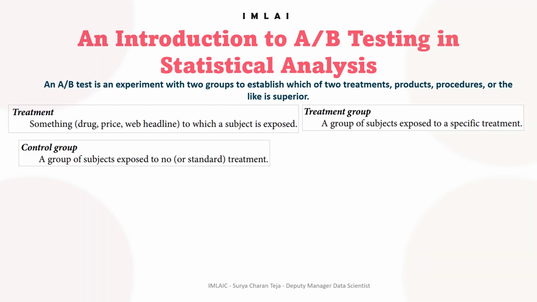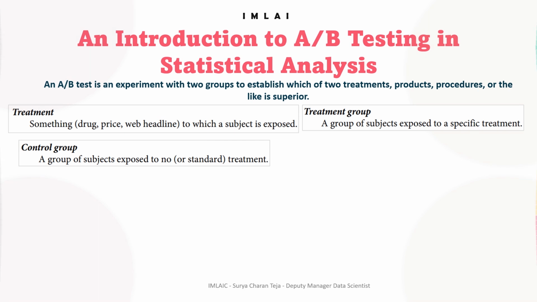Often one of the two treatments is the standard existing treatment, which we also call no treatment, because we won't be specifically treating that group. If a standard or no treatment is used, we call this a control group.